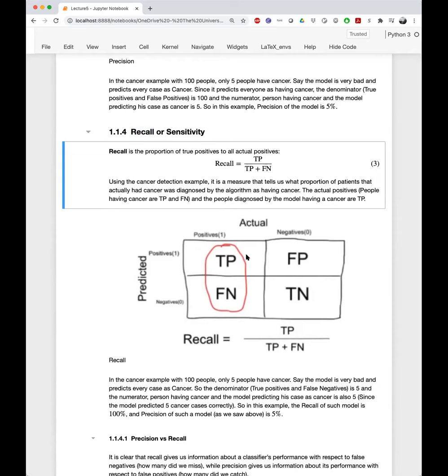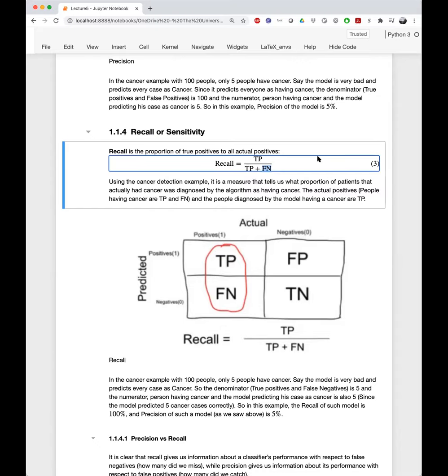It's true positive divided by true positive plus false negatives, so it's decided by false negatives. If false negative is greater than 0, that means there are some cases which are actually positive, but your model predicts them to be negative.